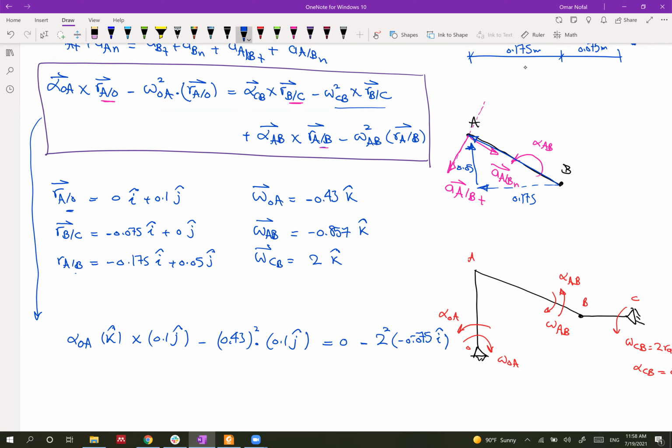This should be plus alpha AB, and alpha AB is in the K hat direction, so it will be K hat crossed by RA with respect to P, which is this vector.